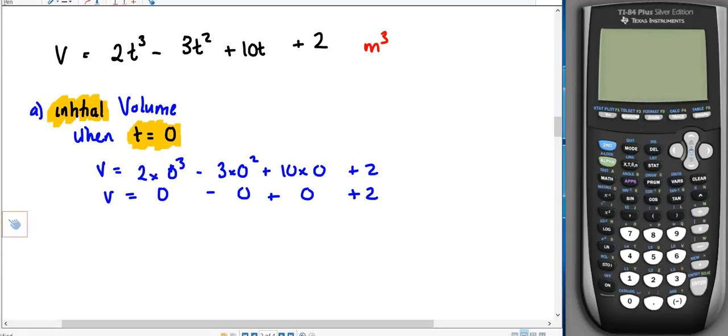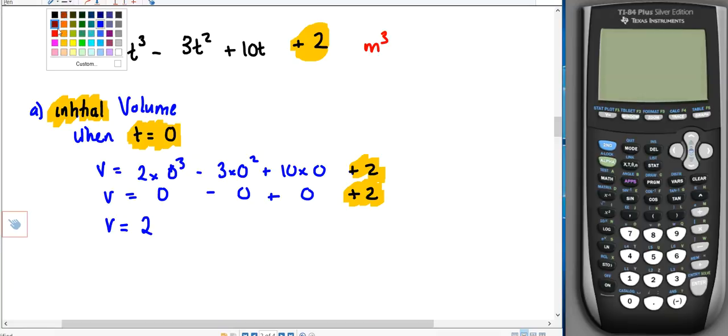So it's always this number on the end, the plus 2. Again, in questions like this, there'll be unit penalties. So the volume initially will be 2 metres cubed. So unless it specifies it in the answer slot, make sure you write that.